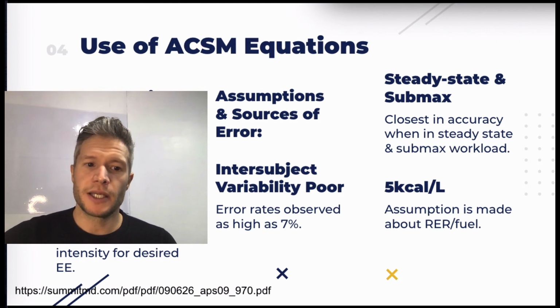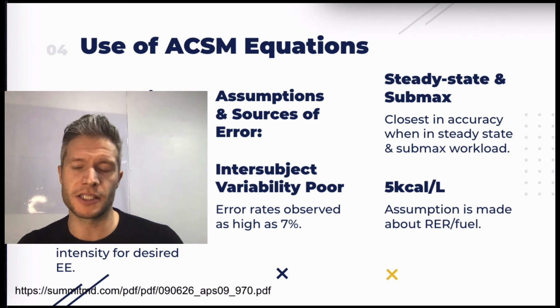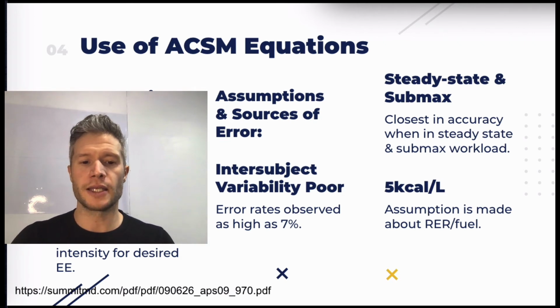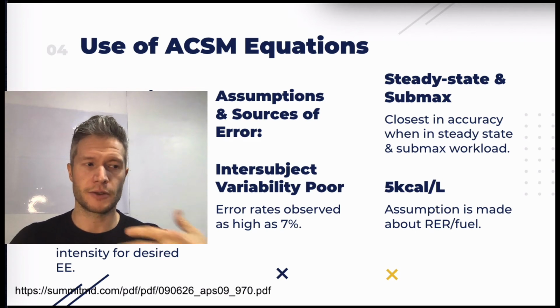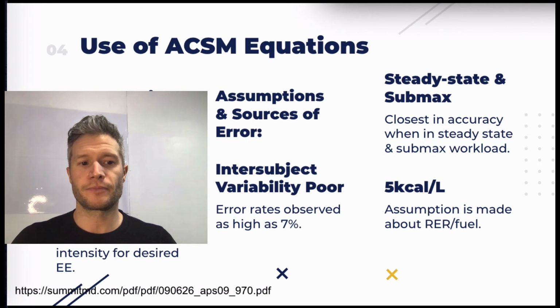The other thing is these equations are set and standardized for what's called a steady state. I think this is the first time we've come across this concept. Steady state is when your body has essentially hit a plateau.